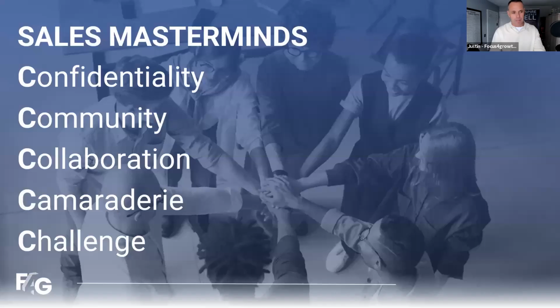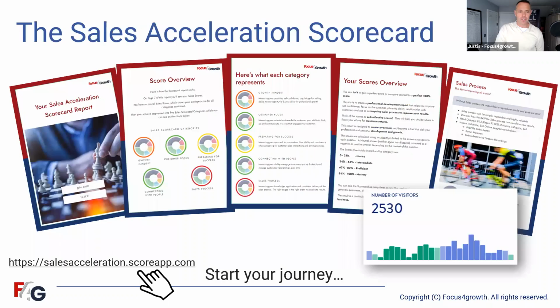In our masterminds, we think about developing confidentiality, building a community, collaboration across different businesses, a bit of fun along the way, camaraderie, and hopefully a bit of challenge, because some of these things will challenge us as we work through the process, but that's a good thing, right? So you've got support for the challenge.